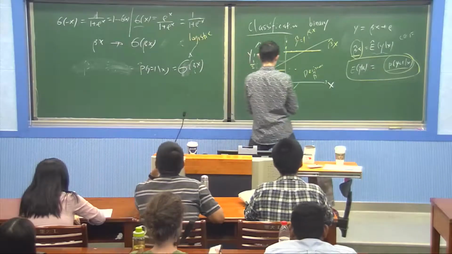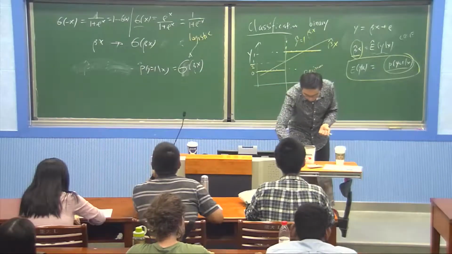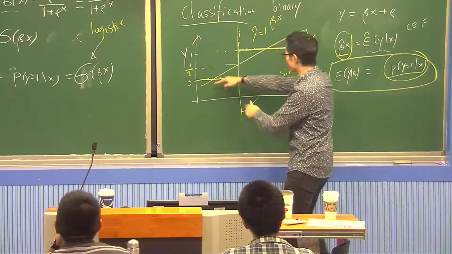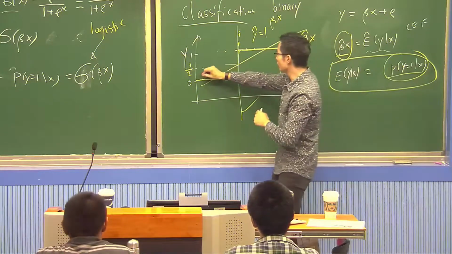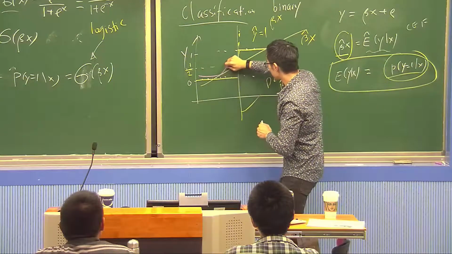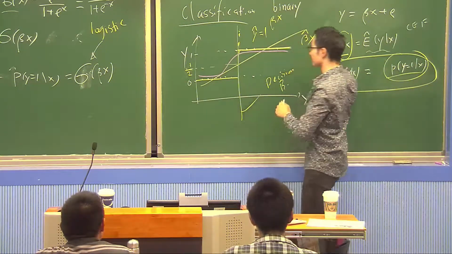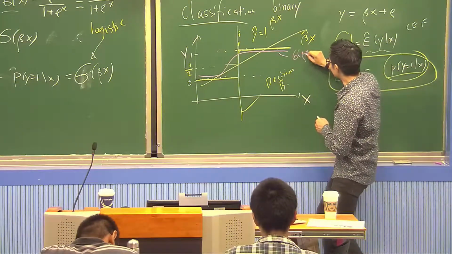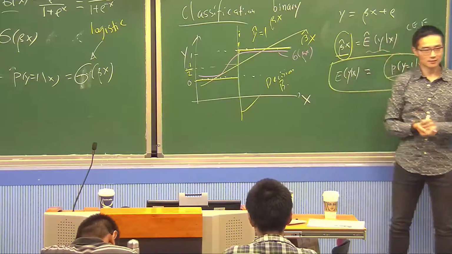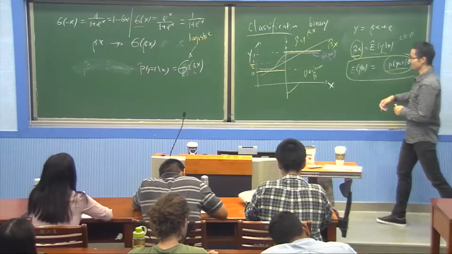And what does it look like? Instead of this beta x, I'm transforming it to look like this, and that is the sigmoid beta x. So that's the difference.